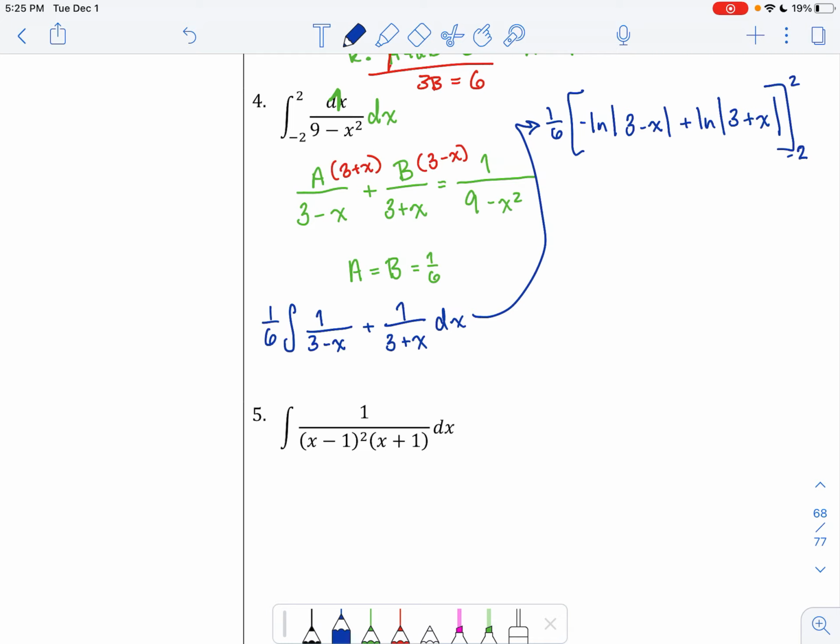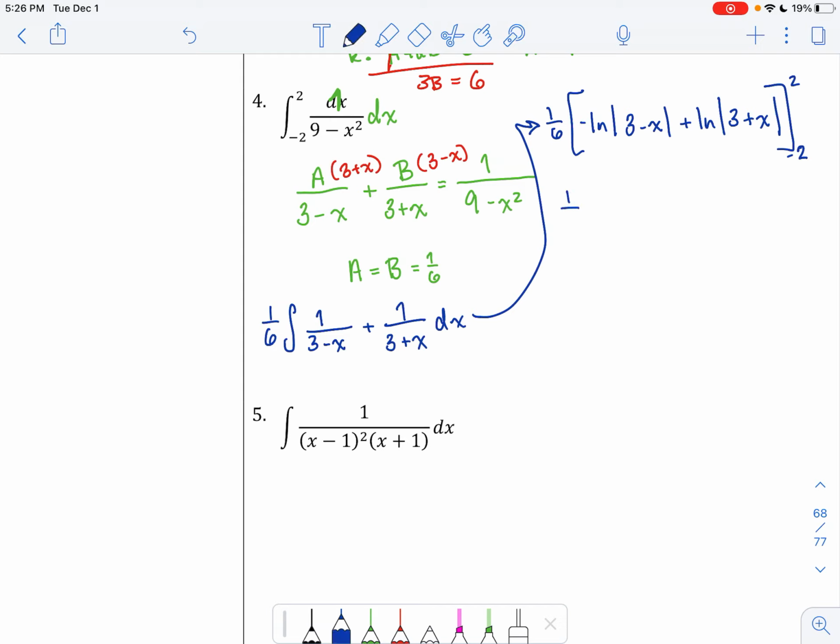One thing that is also really helpful is remembering our rules for simplifying our logs. That can be really helpful here. Remember, if we have addition, this is multiplication, and here if we have subtraction, that's division.